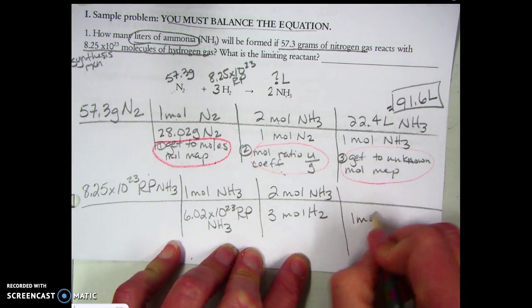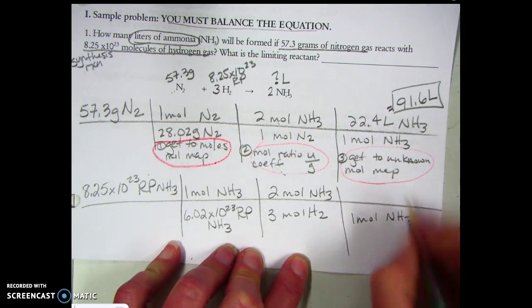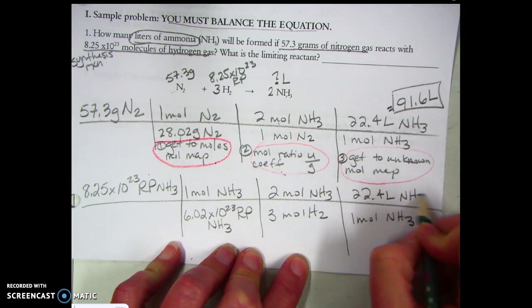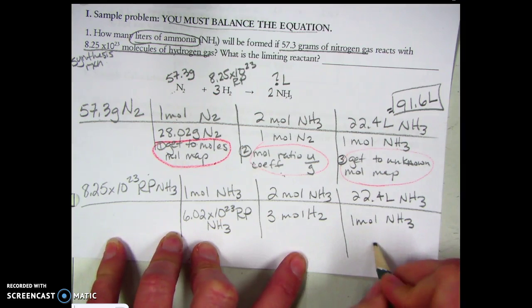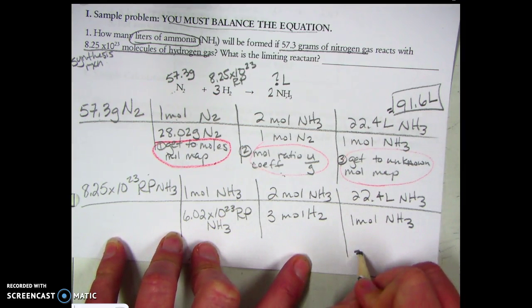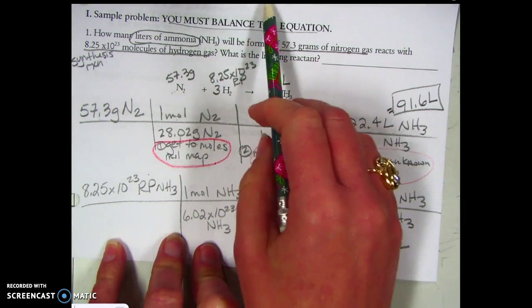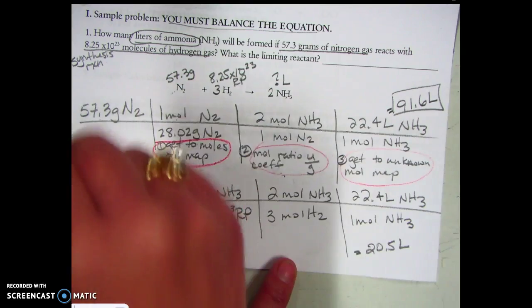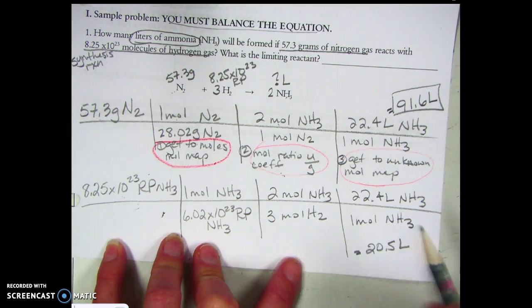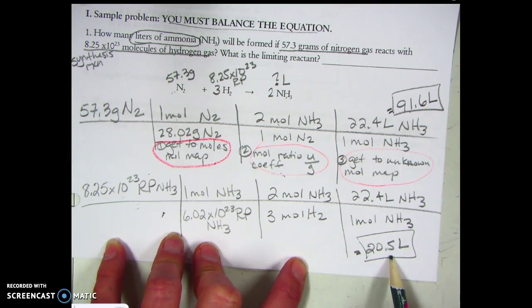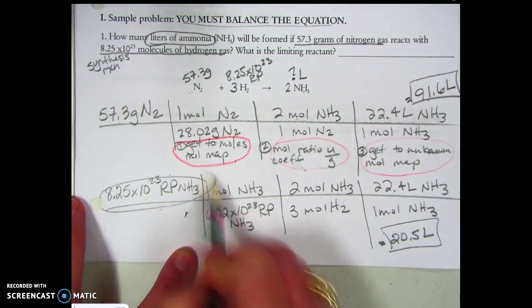So 1 mole of ammonia is equal to 22.4 liters of ammonia. And we do the math, multiply across, divide by the bottom, and we get 20.5 liters. So it says the smaller amount of product from which reactant is the correct answer. So what is smaller, 91.6 liters or 20.5? Yes, of course, 20.5.